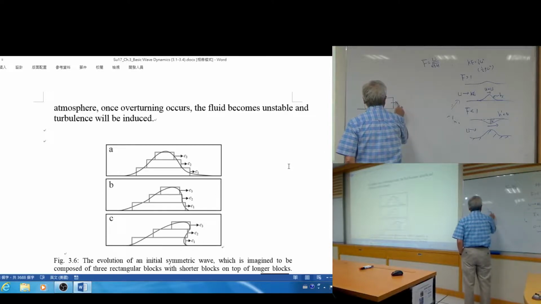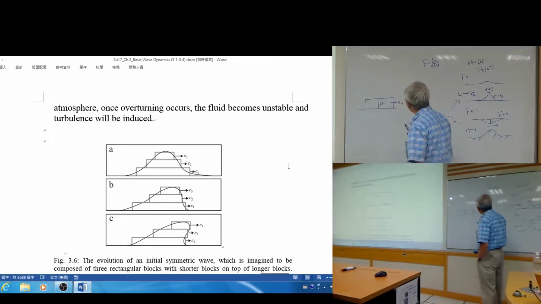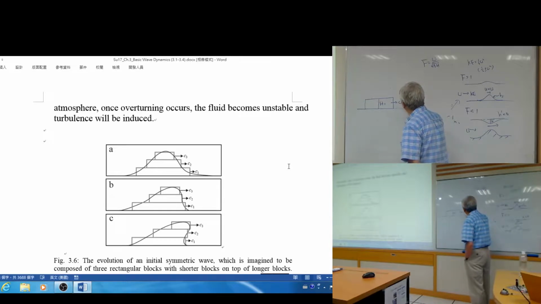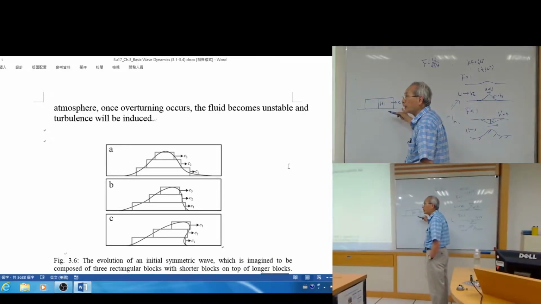So this is C1, say here is H1. So C1 will be proportional to square root of g H1. Right, that's the shallow water wave speed.